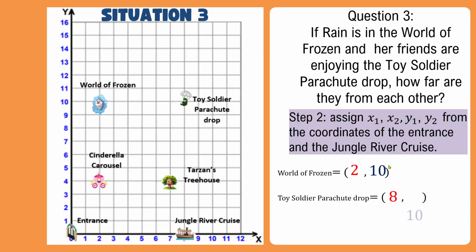Now, if the World of Frozen is your first point, then x sub 1 and y sub 1 must be at the World of Frozen. And then x sub 2 and y sub 2 should be the coordinates of the Toy Soldier Parachute Drop.